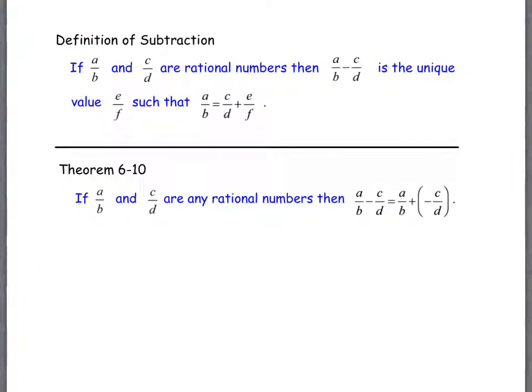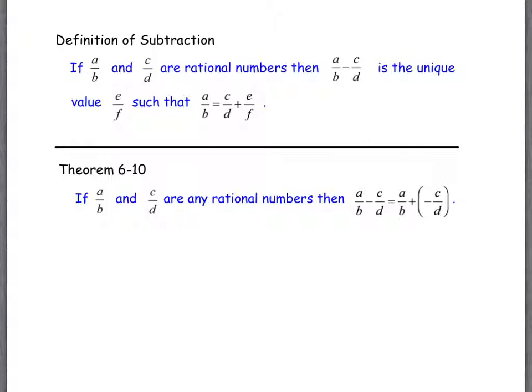All right, definition of subtraction. If a over b and c over d are rational numbers, and we talk about taking a over b minus c over d, this will be the unique number e over f, such that the following equation is true. And I just want to use some whole numbers to show you this because you know that this is how it works.